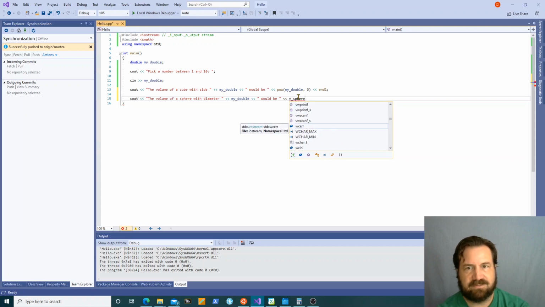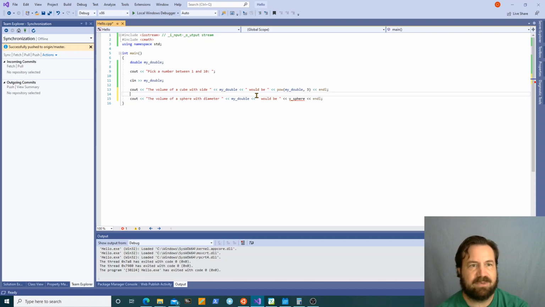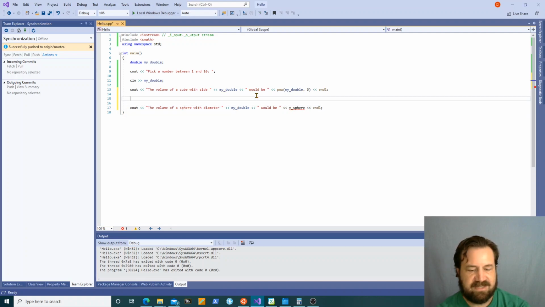V sphere. I just cheated. I made up a number. Let's just show you that you can create intermediate variables here. Double V sphere equals, now we know the formula we're looking for is 4/3 pi r cubed.